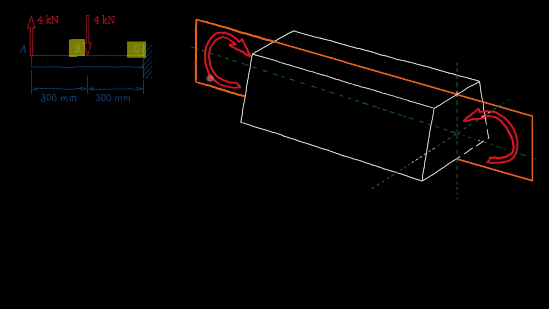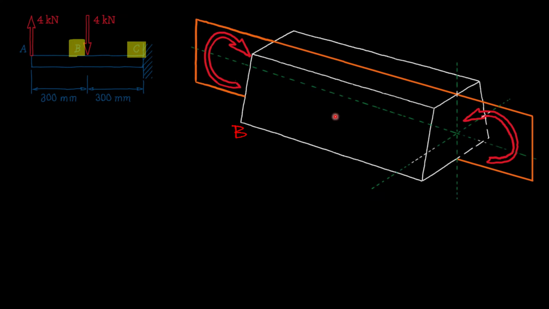So let's isolate portion BC, all right? Let's isolate it, and let's consider this cross section or any cross section. We found that at portion BC we have a positive moment, which means that the beam will concave up. If you place your hand at these 2 arrows, you will see that the beam will concave up.